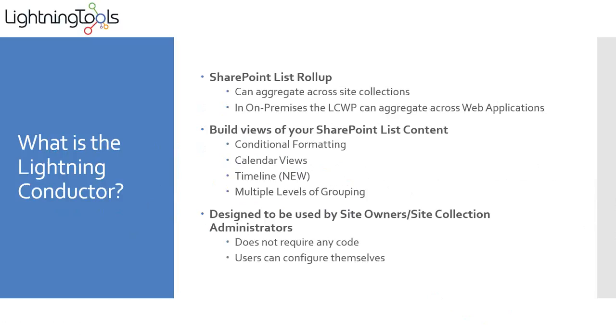So all of these are columns that we might want to add when we're configuring a rollup. And what we can do with the Lightning Conductor is simply go through, create a view, and tick those columns that we want to make available. Not only that, we can also create our own calculated columns. Now, these are columns that don't have to exist already in the list themselves.